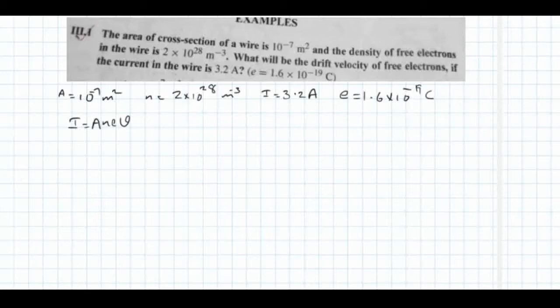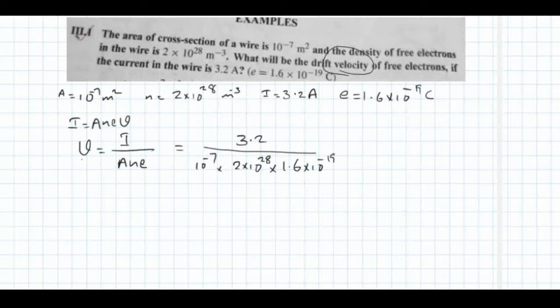Therefore what is V? V will be I by A N E. So from the relation V is equal to I by A N E, we can find the drift velocity. On substituting, it is 3.2 divided by 10 power minus 7 into n is 2 into 10 raised to 28 into 1.6 into 10 power minus 19.